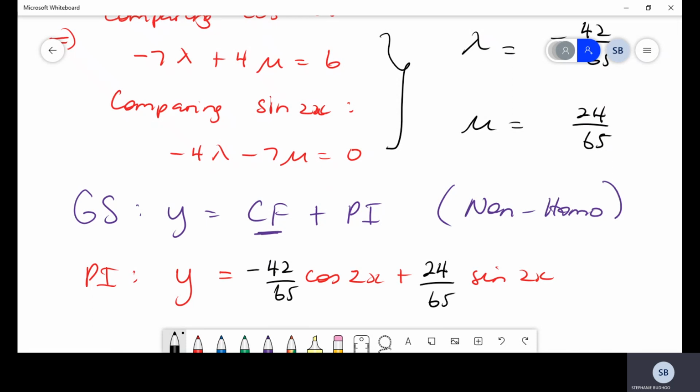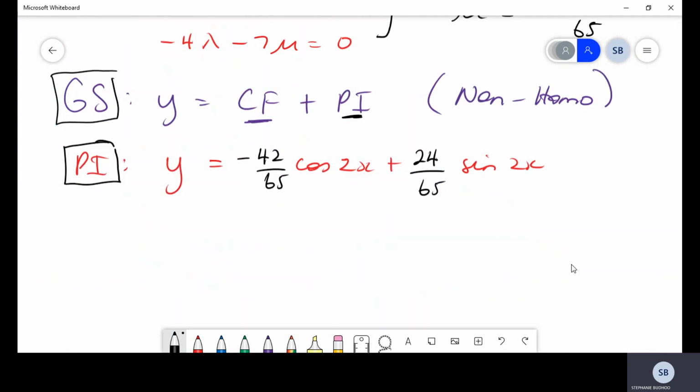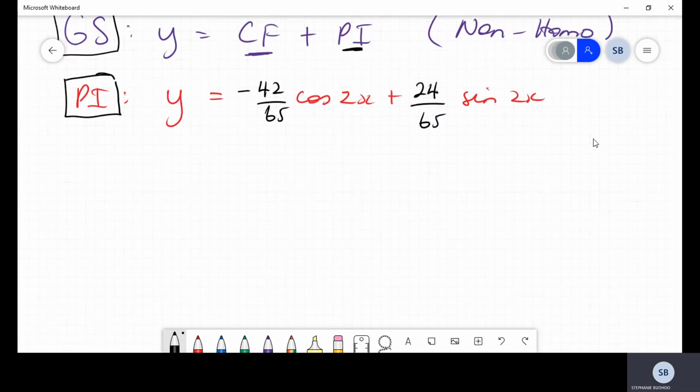Now finally, now that we have the particular integral, we can simply write them together and add to get a general solution. Our general solution is going to look quite tedious, but it is correct.